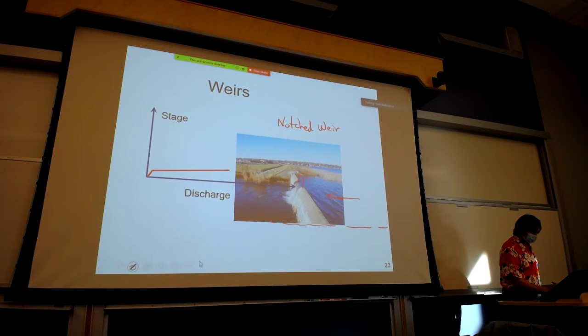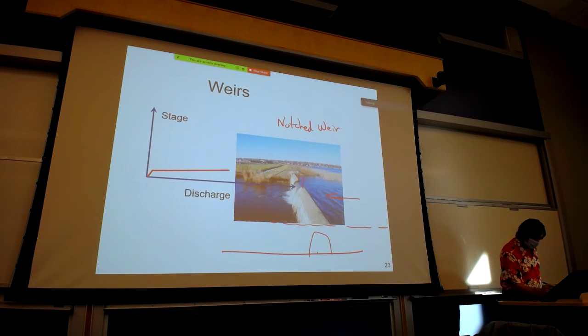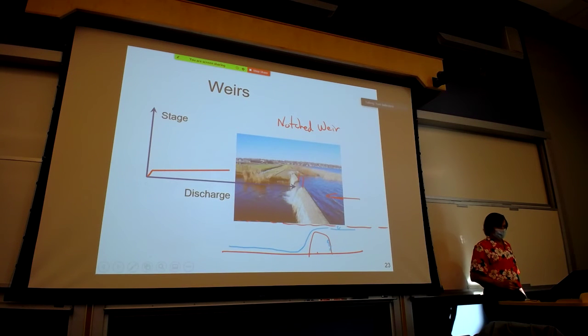And so if we looked at this in profile, here's the water surface, and then it goes over the weir. And again, this portion of the weir is an adverse slope.